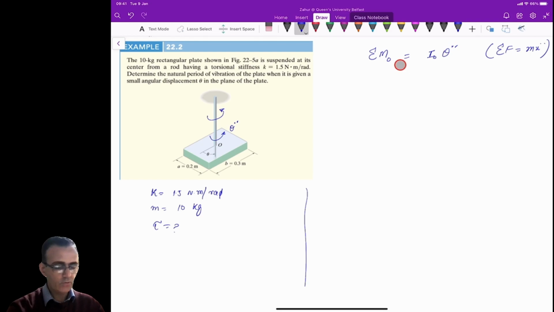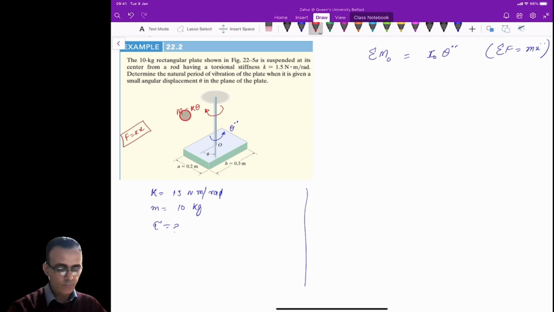Okay, so now we know that if you displace this body in this direction here, the spring moment, or the restoring moment, will be opposite to this direction here. In this case it will be equal to k theta, because we know that F is equal to kx.